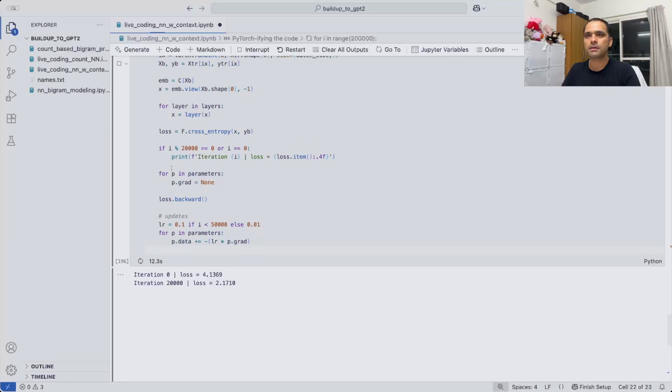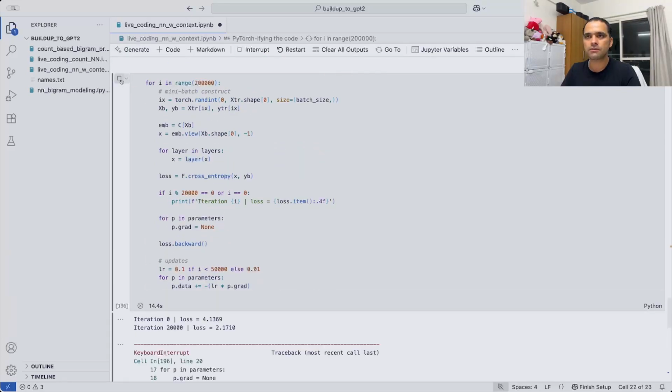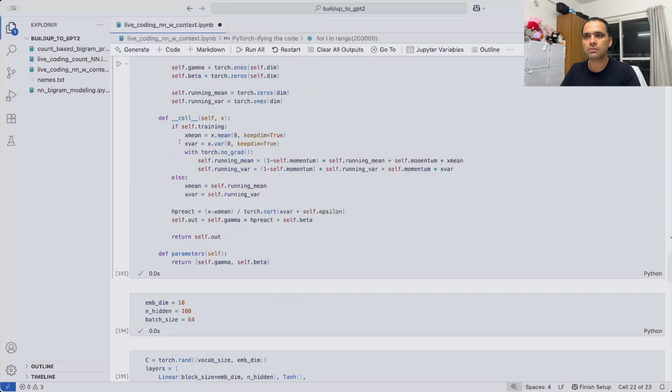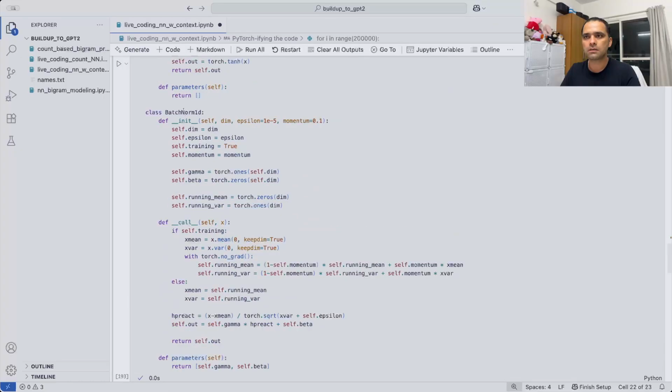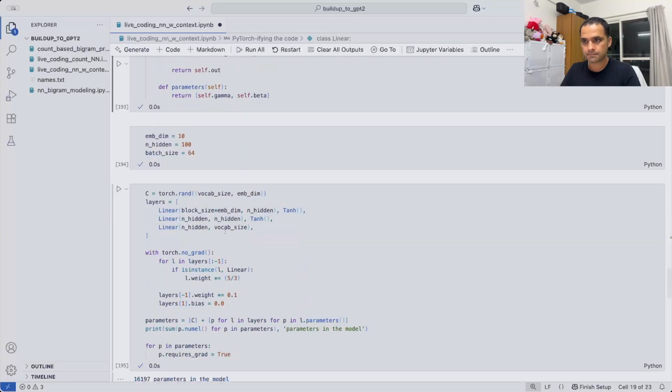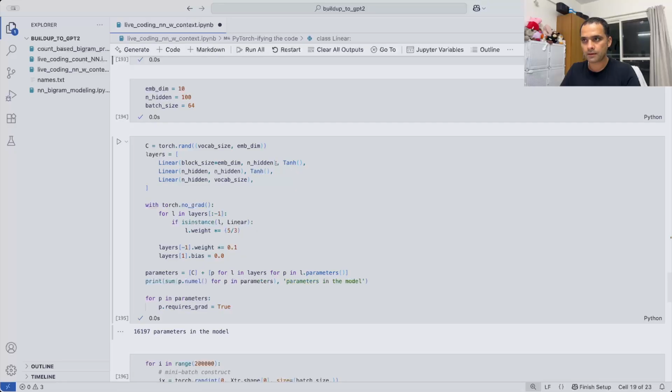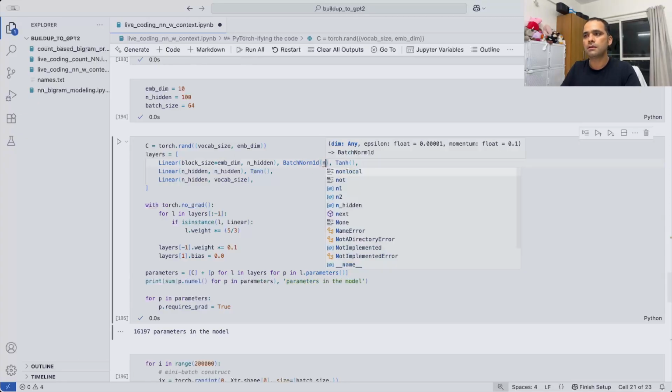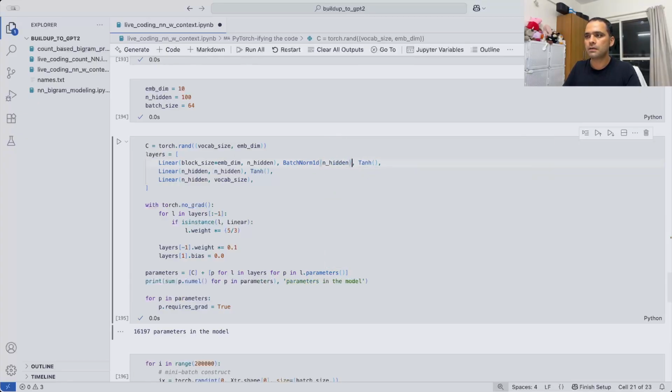Okay, I think we made one more mistake. We have to add batch norm here, after each of these layers, and the dimension would be n_hidden.